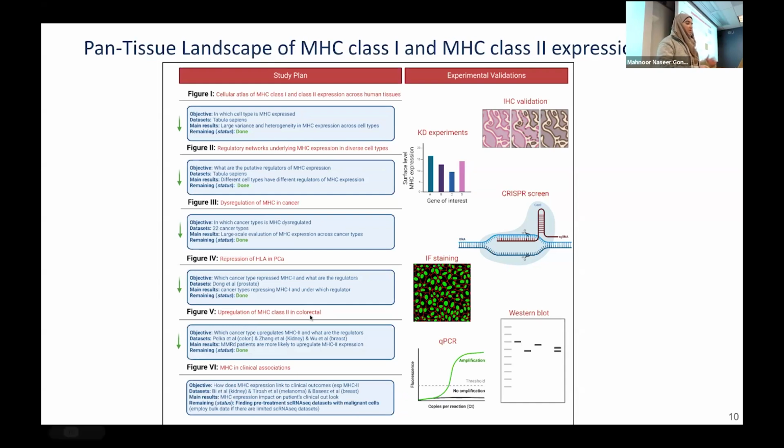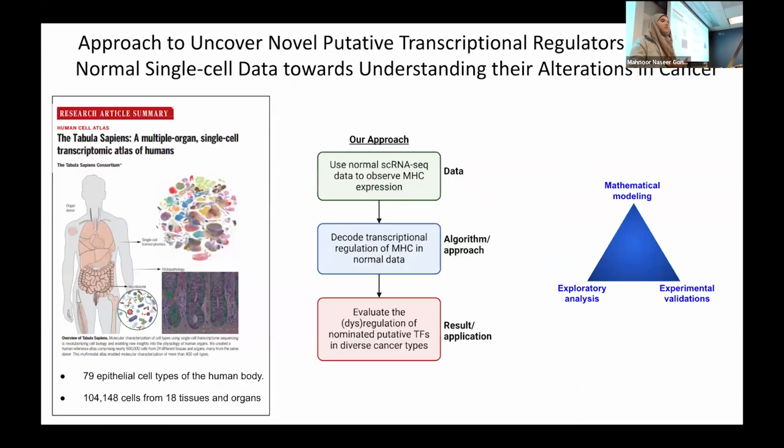So we have the study plan on the left-hand side, and then we have our experimental validations on the right-hand side, because your bioinformatic validations can only be true once you have validated them in the wet labs. So in order for us to understand MHC class 1 and class 2 expression in the normal setting, we thought about using this Tabula Sapiens data set that was at that time recently published.